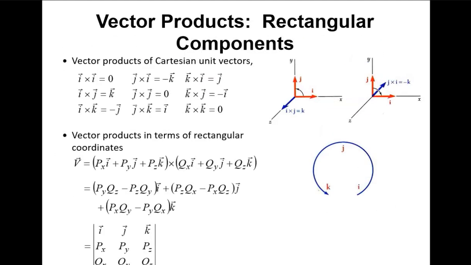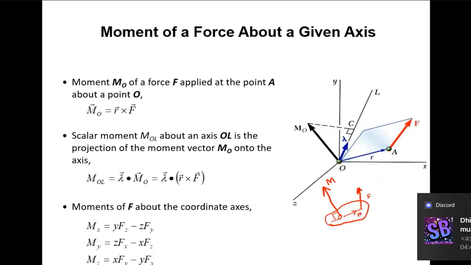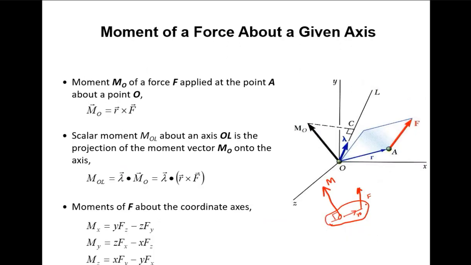Right? So here if we come back, now this force will cause this body to rotate about an axis along this moment vector M. Am I correct or wrong? Correct, sir.